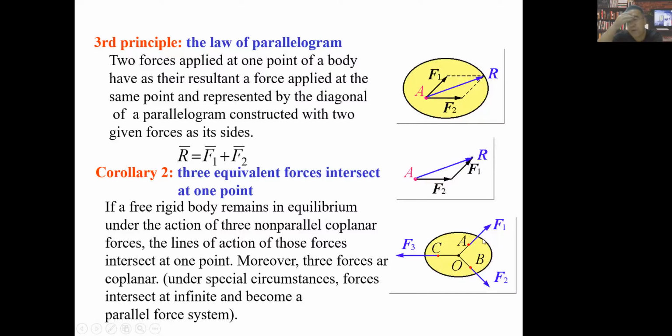So from the two-force equilibrium principle we have learned, if a body is in the state of equilibrium and there are only two forces acting on it, these two forces must fulfill the characteristics: one, they have the same magnitude; second, opposite in direction; third, they should be collinear, right? So that's why these three forces must intersect at one common point. Otherwise, it cannot be in the state of equilibrium.